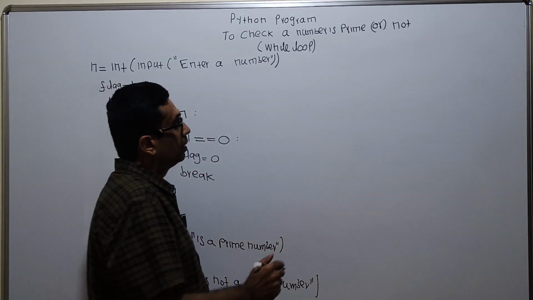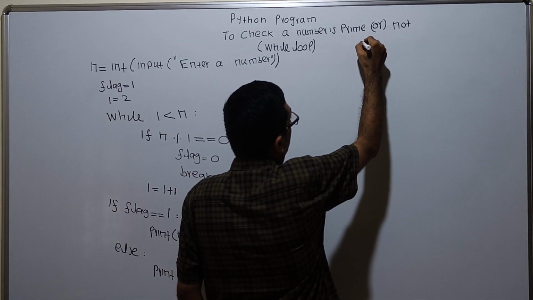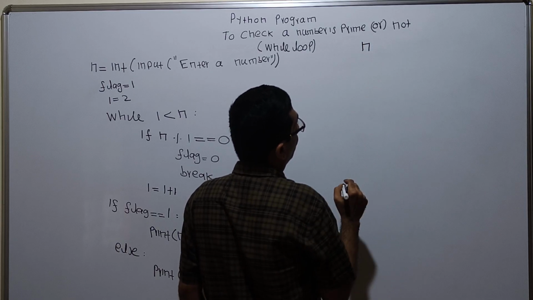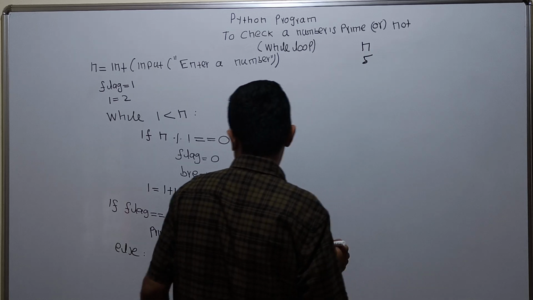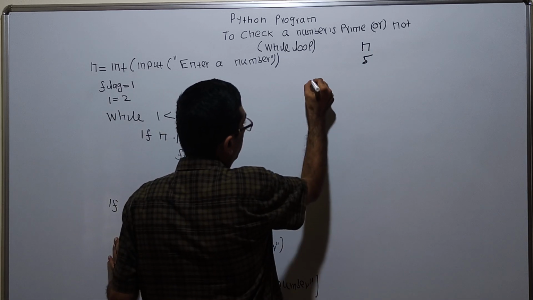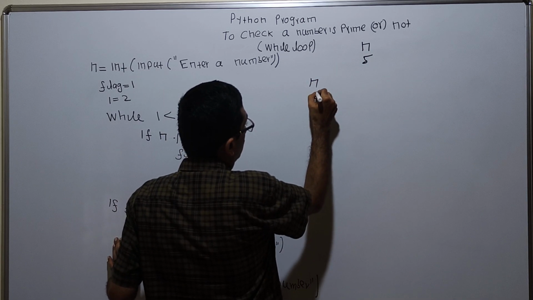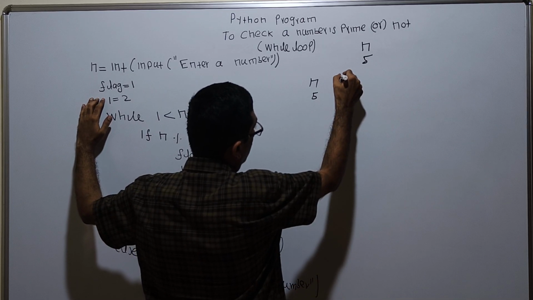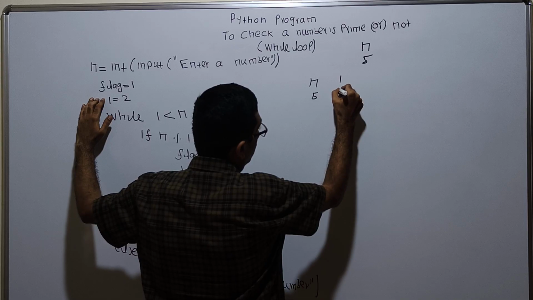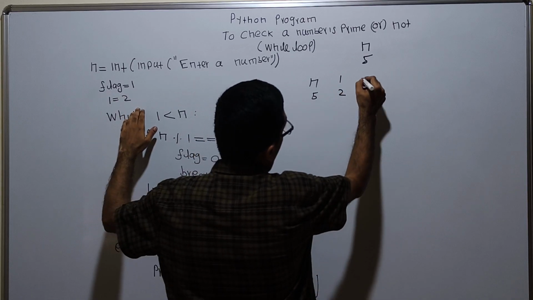So here I am taking the value of n as 5. n equal to 5, so here I am writing the value of n, this is 5. I am initializing I as 2.